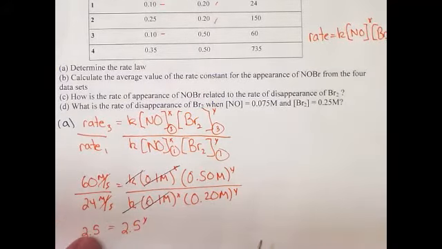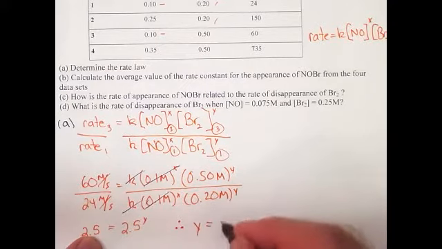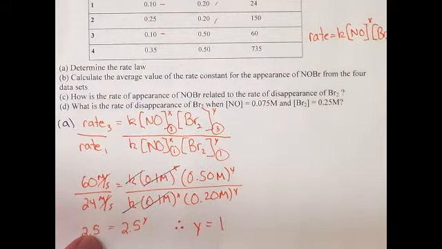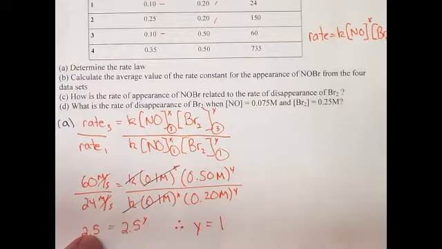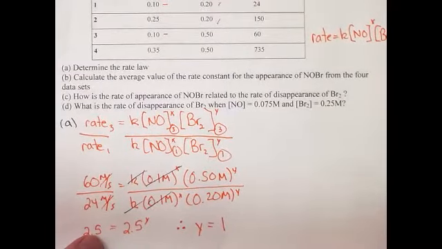So we have 2.5 is equal to 2.5 to the y. So I think it's pretty clear that y must be equal to 1. We have to repeat this one more time because we've solved for y. You can substitute in data, but we don't have the k, so we might as well just do this again.